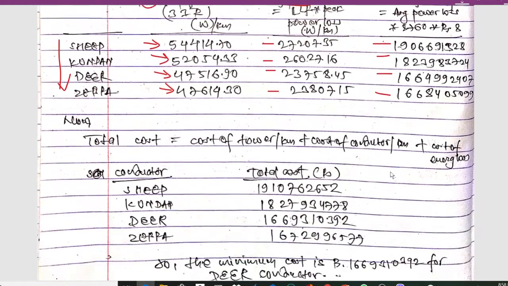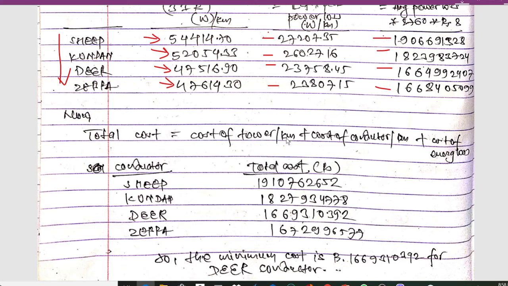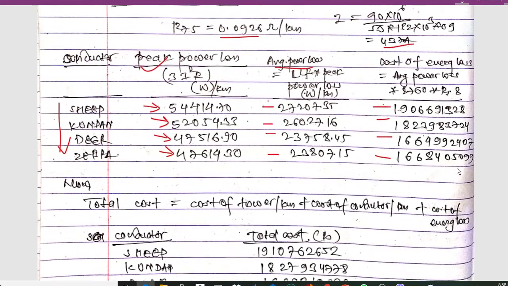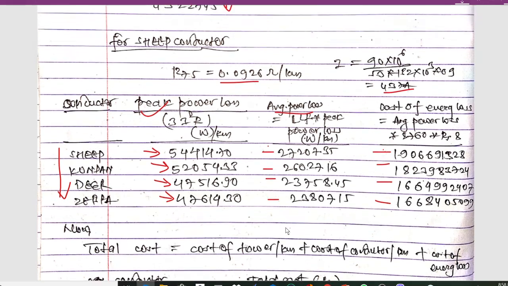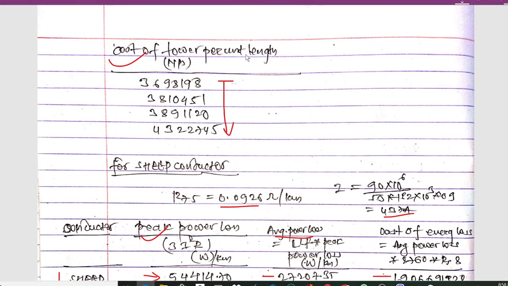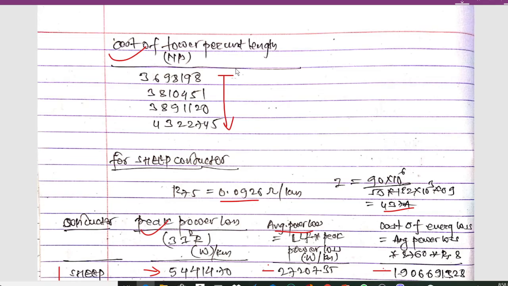Now to calculate the total cost, it will be the cost of tower per kilometer plus cost of conductor per kilometer plus cost of energy loss. Here we have the value for cost of tower per unit length.